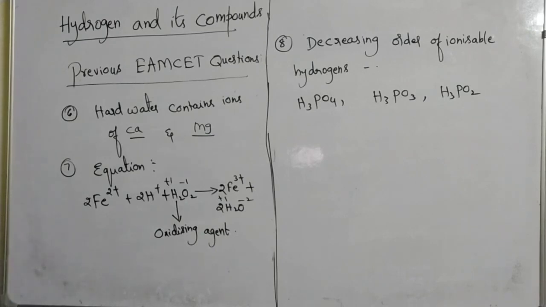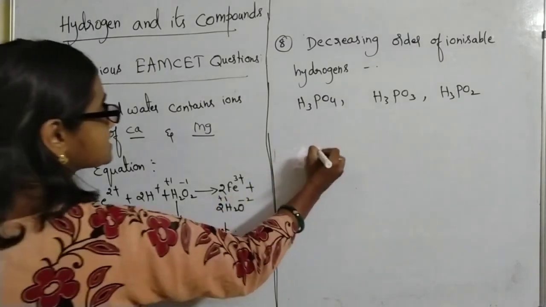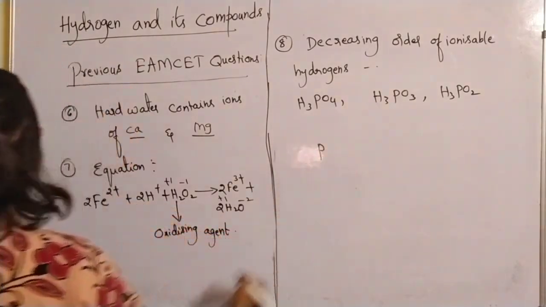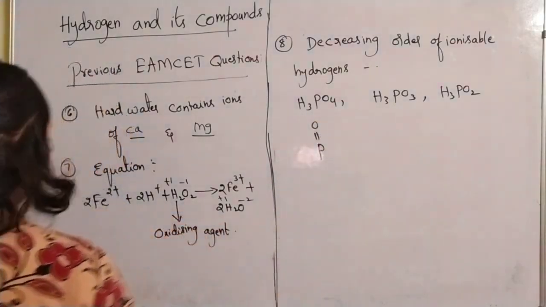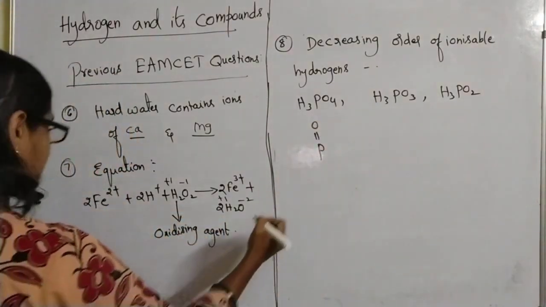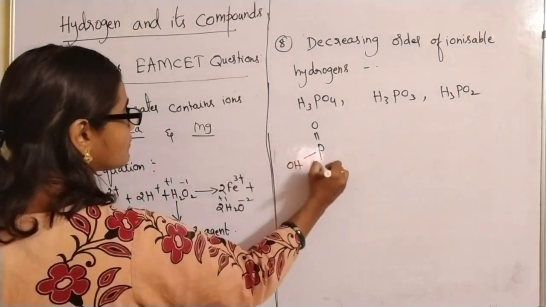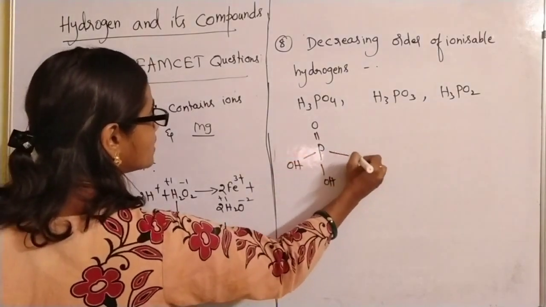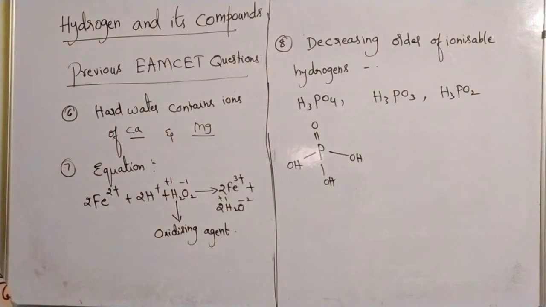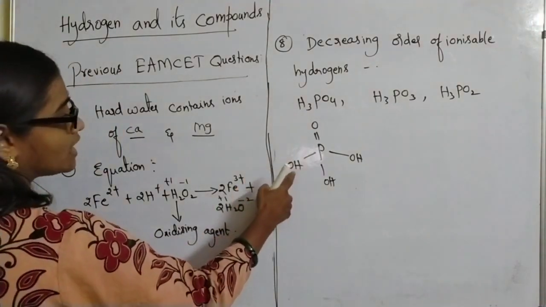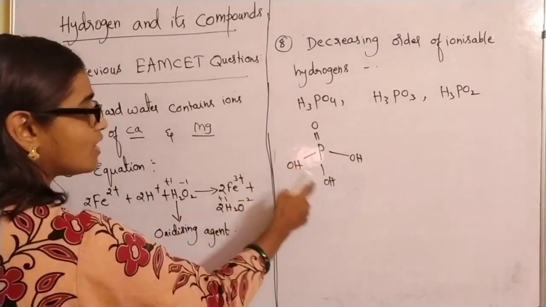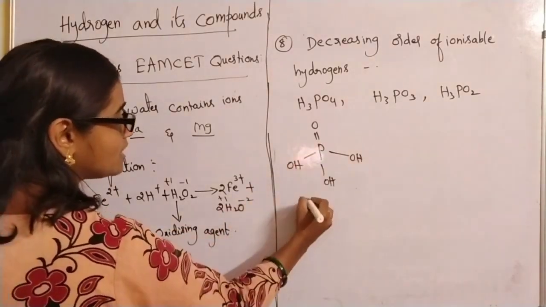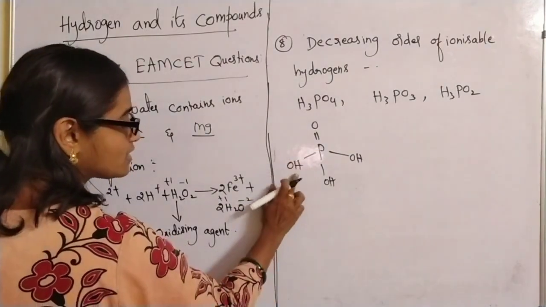Okay, look at this structure of H3PO4. If you just look at this structure, you will have 3 OH groups. See here, P double bond O, and here one OH, and here one OH. So all the 3 hydrogen atoms are not directly connected to phosphorus, so all the 3 can be ionizable. They are connected to oxygen.